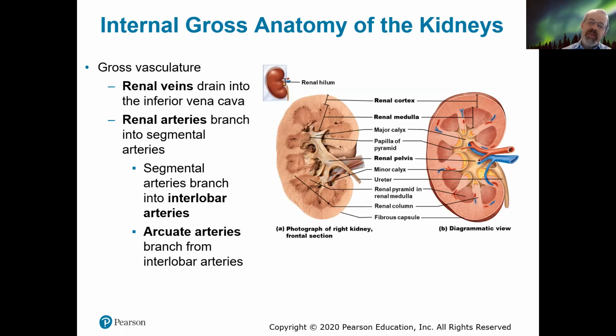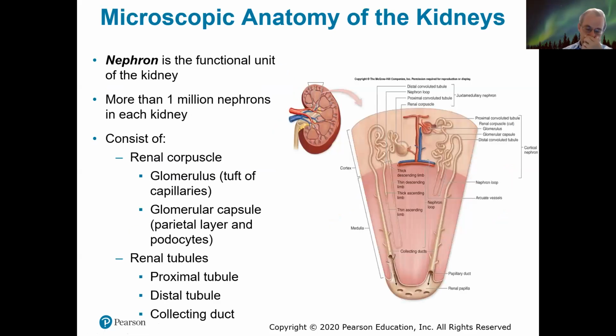So what is it about the structure of the kidney that allows that to happen? Well, the functional unit of the kidney is what's called the nephron. And there are at least 1 million nephrons within each of these kidneys that are packed through the cortex and into the medulla.